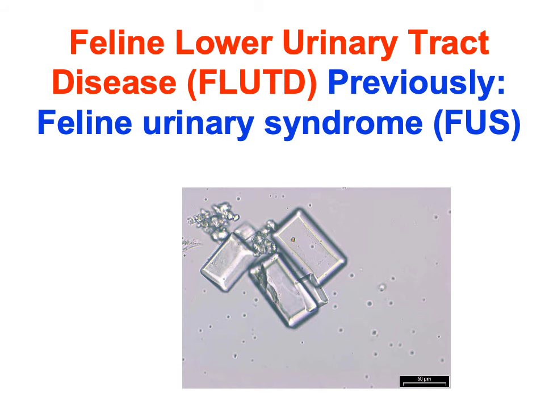And this is feline lower urinary tract disease, FLUTD. Previously, it was called feline urinary syndrome, FUS. And here you can see the struvite crystals, an electron microscopic picture from the Vienna Veterinary University.